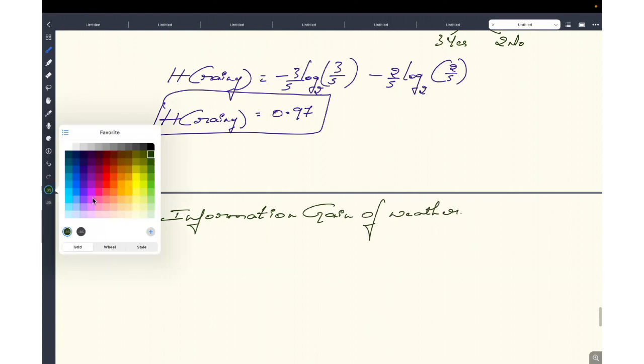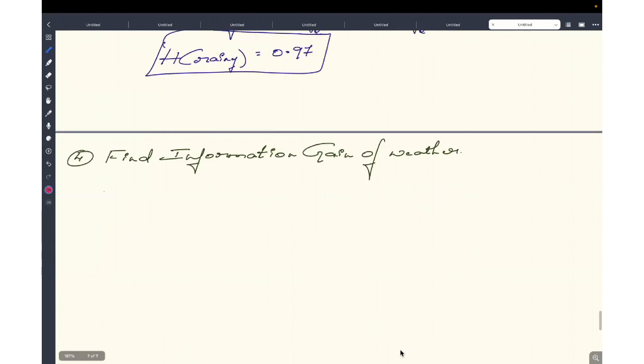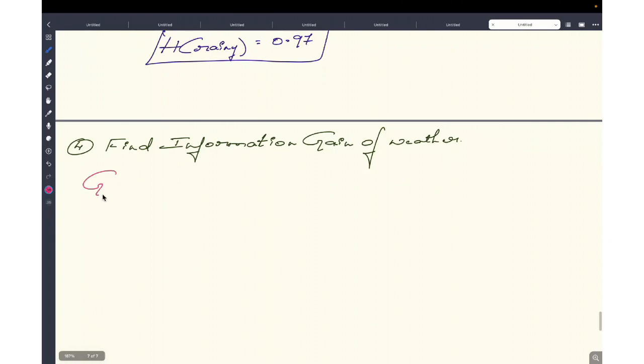So you know the formula. Gain equals entropy before a split minus the summation over splits for every category, samples related to the category divided by samples before the split.